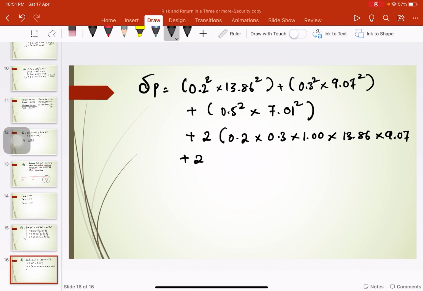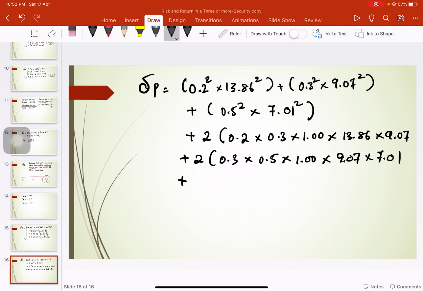Okay, plus 2 antara weight B and weight C pula, asset B and C. Weight B dia nak invest 0.3, weight C 0.5 times correlation maintain 1 times standard deviation B 9.07 times standard deviation C 7.01.